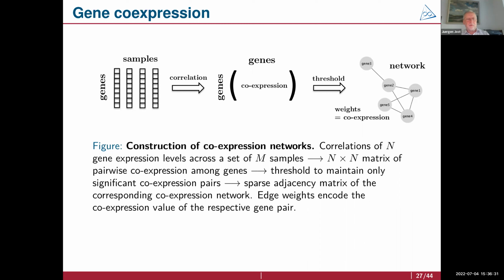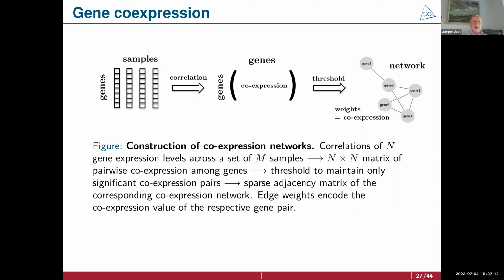And then you look at the correlations between the activities of different genes across the various samples. So if two genes are always expressed in the same samples and not expressed in the same samples, then the correlation is quite high. If the expression profiles of two genes are essentially independent of each other, then the correlation is very low. And of course, if one gene is typically expressed when the other gene is not expressed, and conversely, then you have a negative correlation.